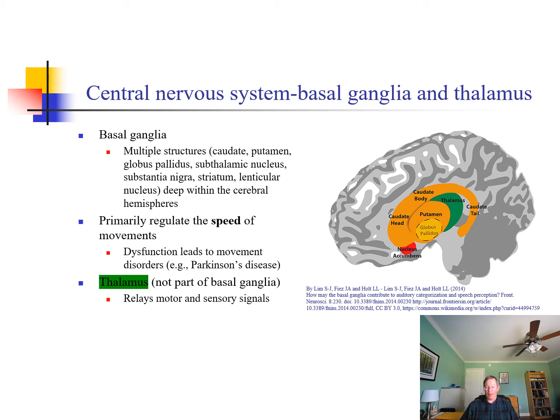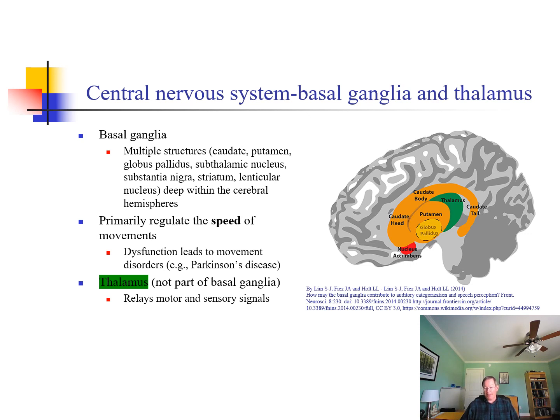So, for example, when I mentioned the accuracy of my hand turning over, the speed at which this would move would be regulated through the basal ganglial structures. And you will see dysregulations in this. For example, people that have Parkinson's disease will have difficulty with tremor or with speed. One of the cardinal features of people with Parkinson's disease is what we call bradykinesia, which means that they have very slow movements. And that is because of the death of certain types of cells within the basal ganglia.